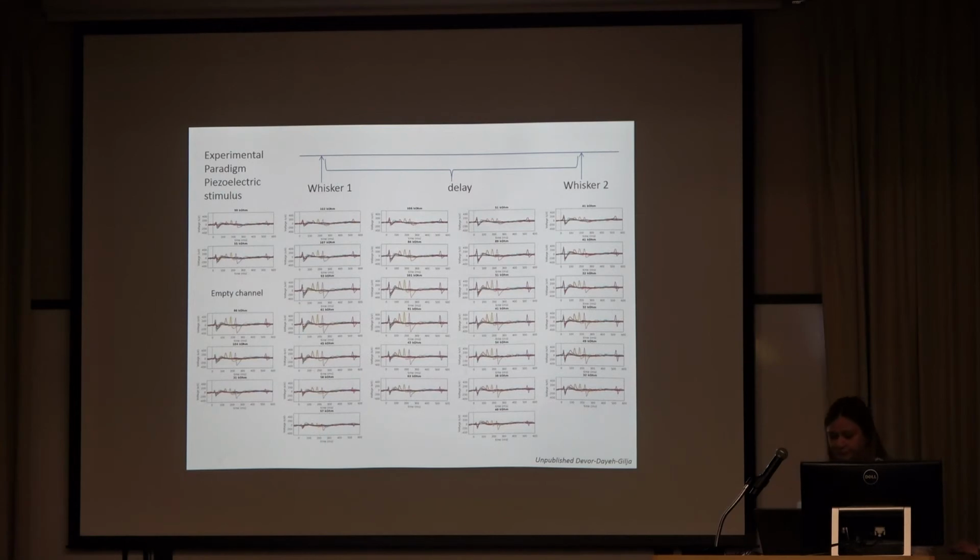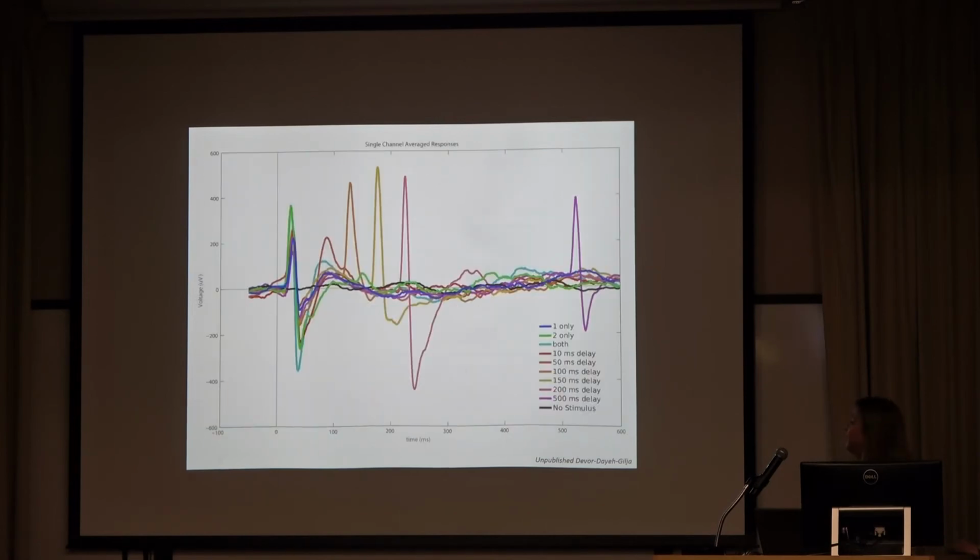For this I would like to blow out one of the channels, so I can show the graphic. So we give the first one and then the second one only, and then we introduce delays from 10 milliseconds to 500 milliseconds, and there's a paired suppression before 100 milliseconds in this example.